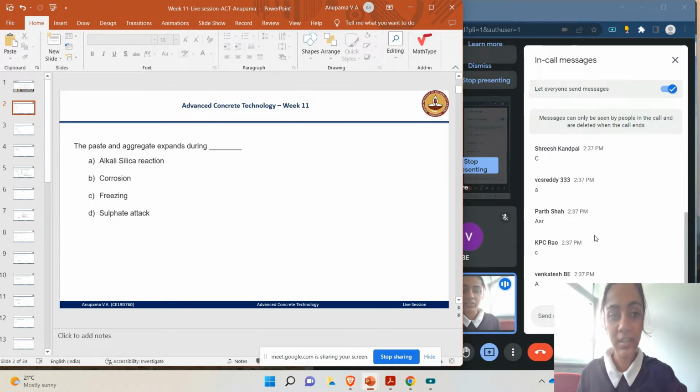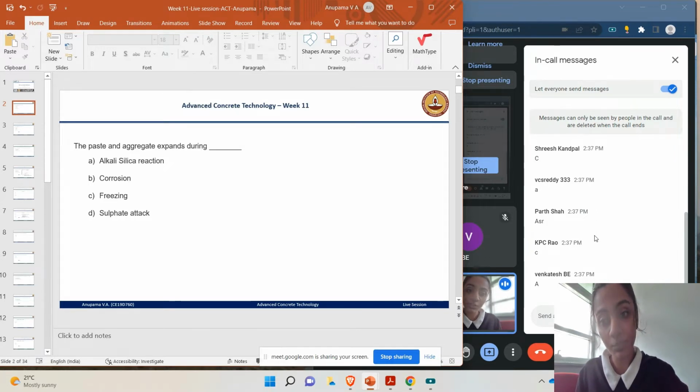But in general, what makes the paste and aggregate expand? Clearly, in the case of corrosion, it mainly attacks reinforced cement concrete. It attacks the reinforcement, and it can be either carbonation induced corrosion or chloride induced corrosion.